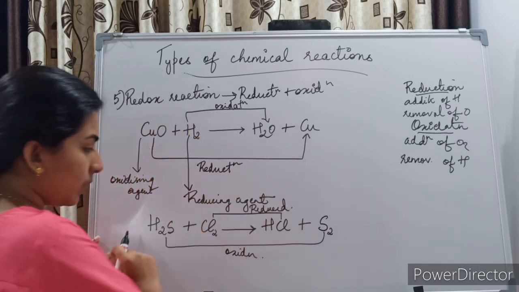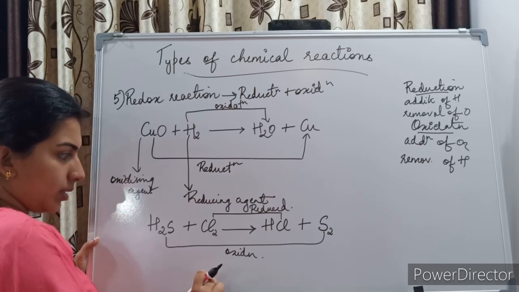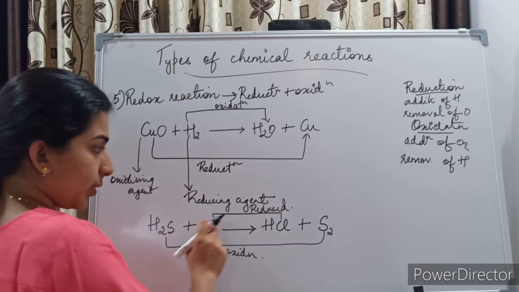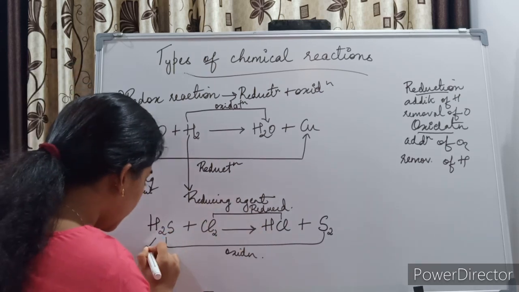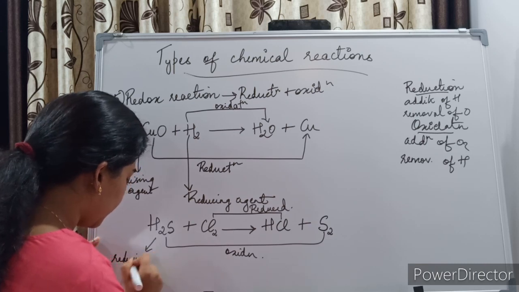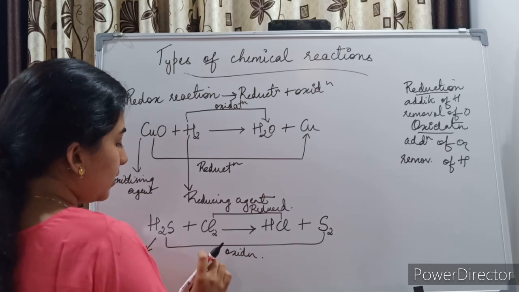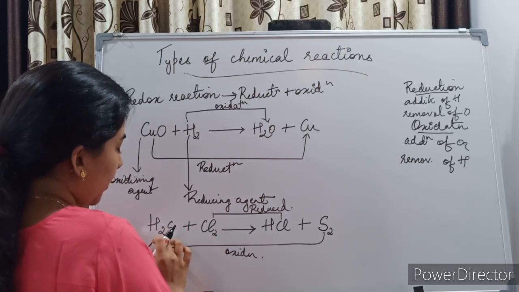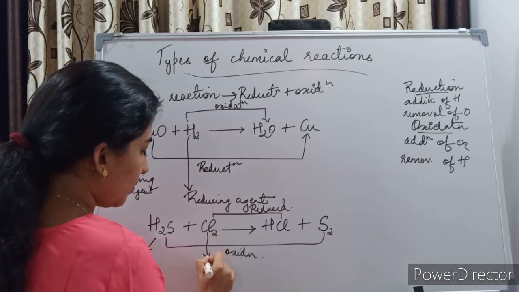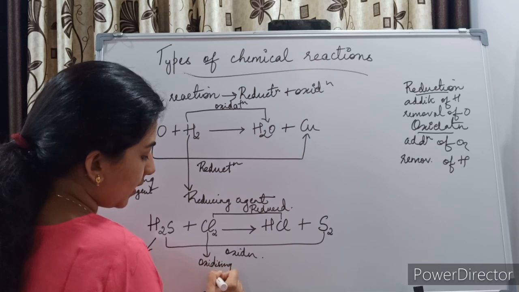So what will be the oxidizing and reducing agents? Since H2S is helping chlorine to get reduced, H2S is the reducing agent. And since chlorine is helping H2S to get oxidized, chlorine is the oxidizing agent.